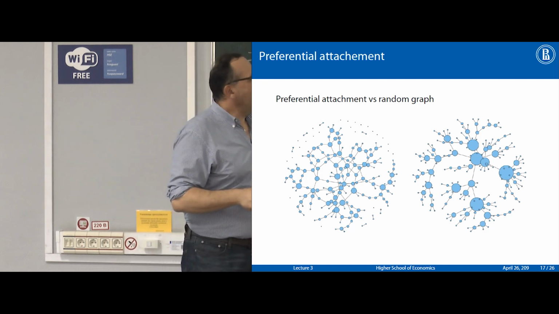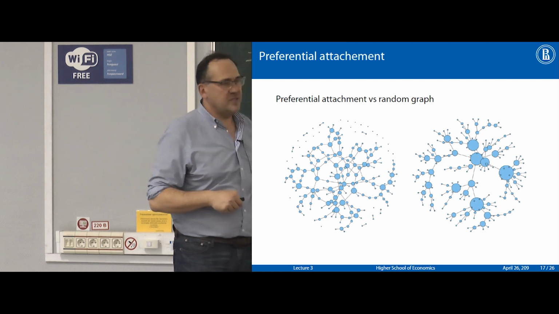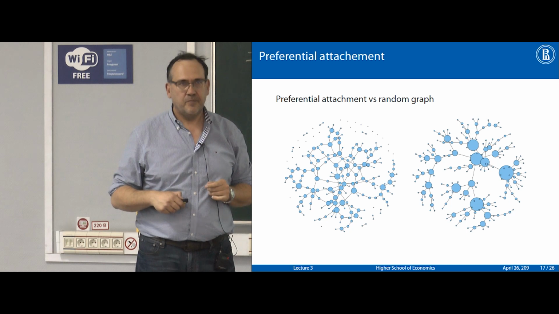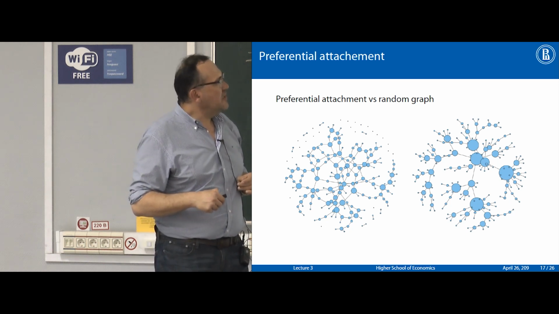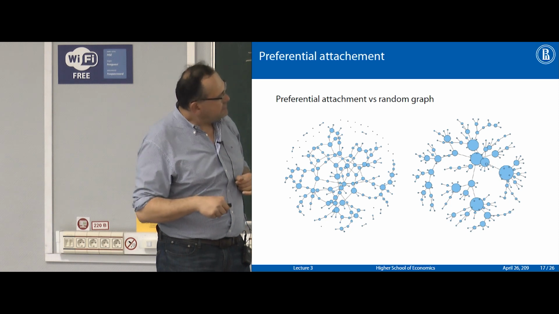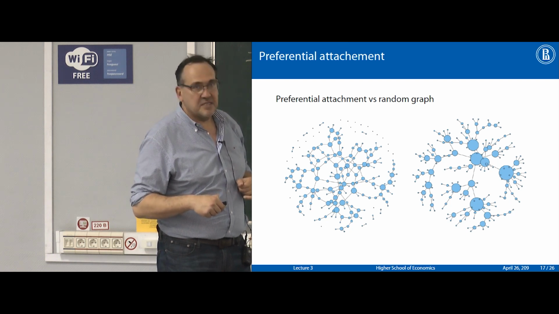All right, look, you're right. Why is this one random and this one preferential attachment? First of all, here we have those kind of connected things, right? But the biggest difference is the distribution of node degrees. Here you have nodes of decent size and a lot of them of similar sizes.